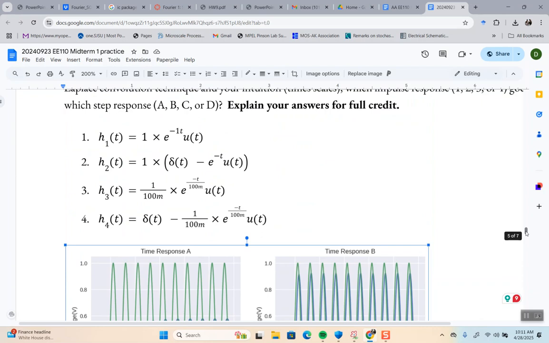Okay. What I found is people were getting confused about higher and lower frequencies and things like that. Oh, I can't draw it on the board as we're recording. All right.